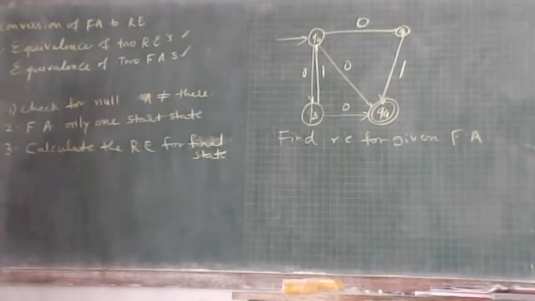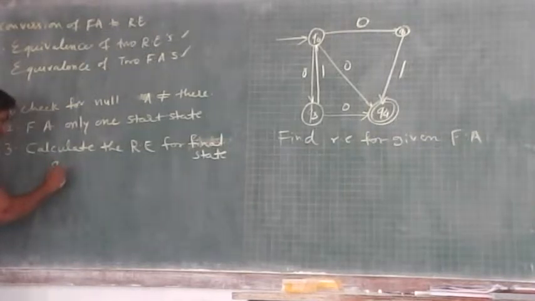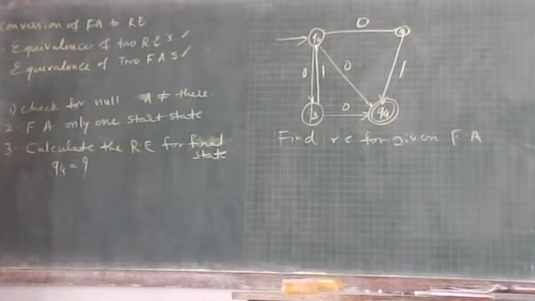You need to check which is the final state in this given finite automata. In that case, our final state is Q4. So the expression for Q4 is supposed to be calculated. Okay, this is basically the algebraic method. You need only algebra knowledge to solve this problem.